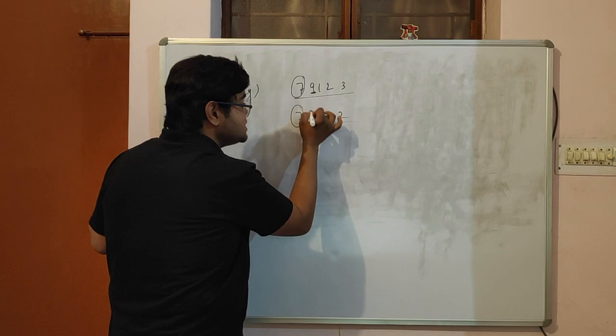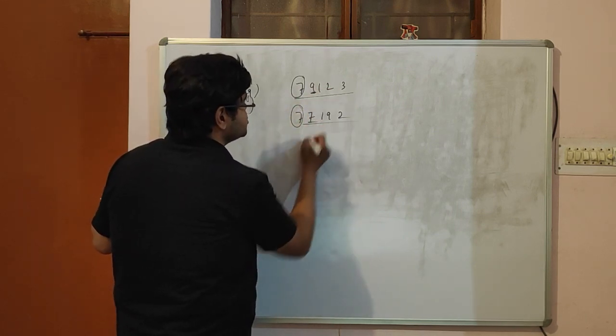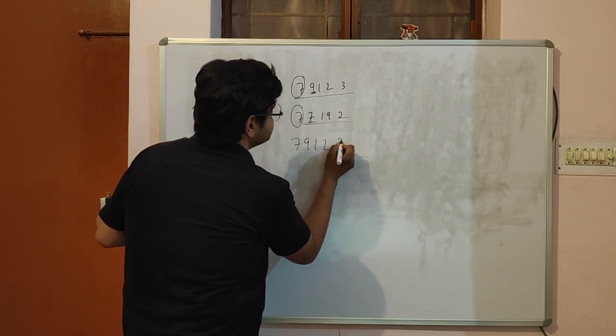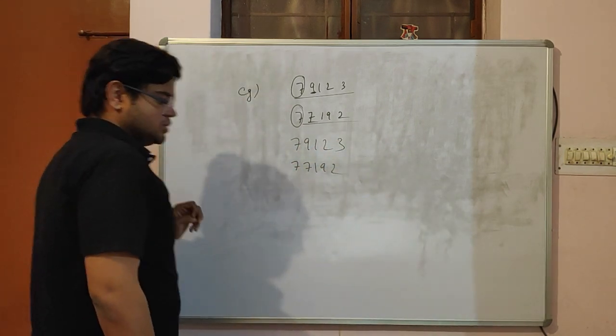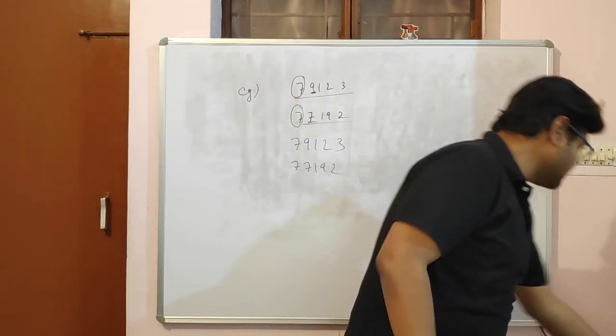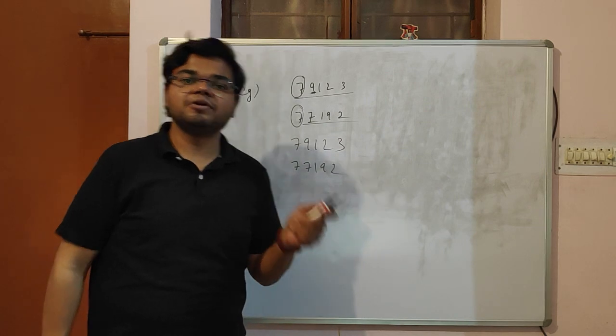So 7 is smaller than 9. So which one will be larger from these two? 79123 and 77192. So that was the comparison of numbers, and after that we did successor and predecessor of a number.